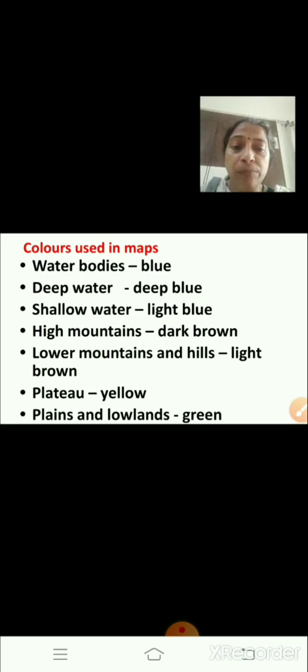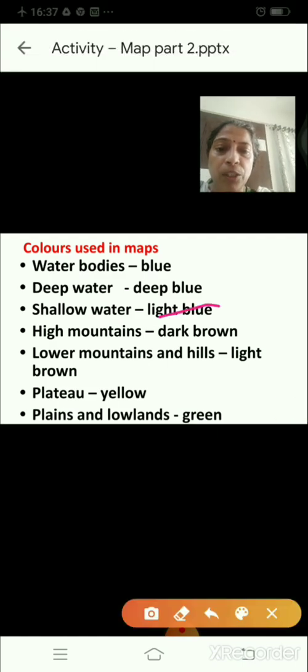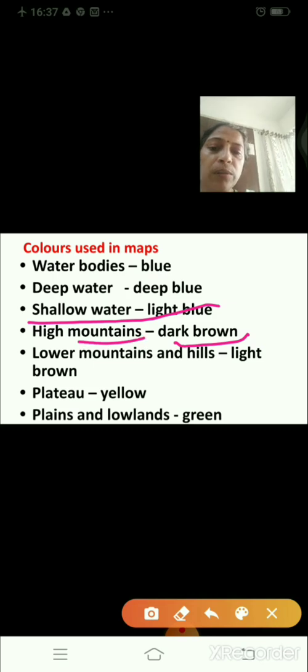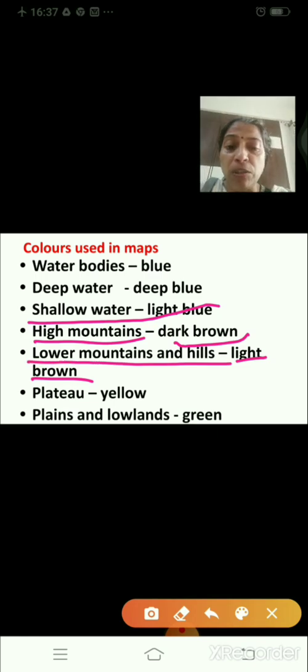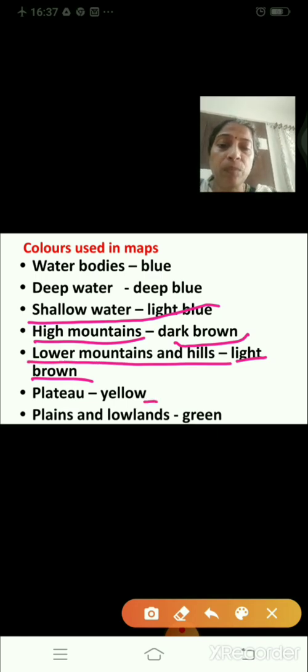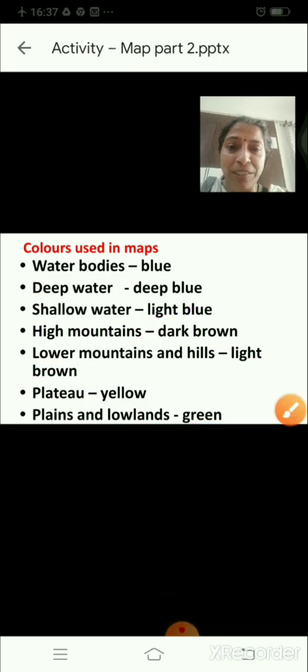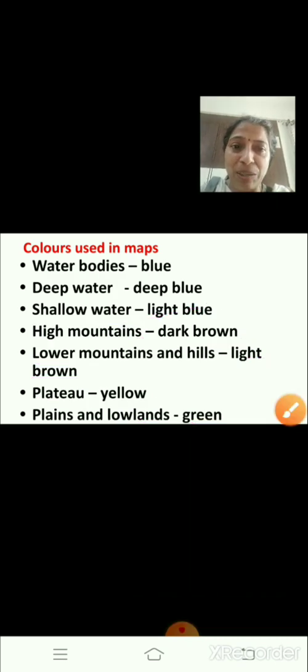Light blue shows shallow water. Dark brown shows high mountains. Light brown shows low mountains and hills. Yellow shows plateau, and green shows plains and lowlands. Is that clear, students? Elements of a map.